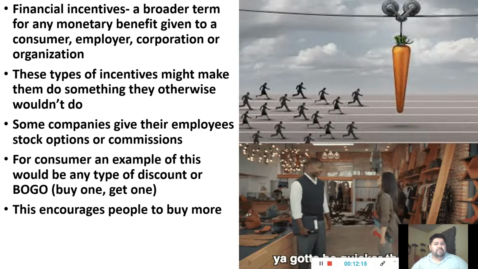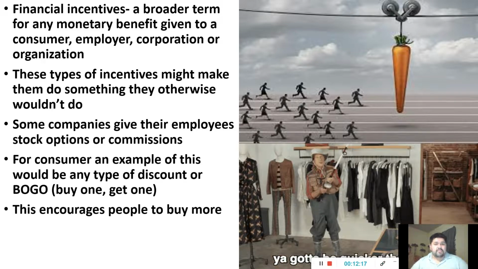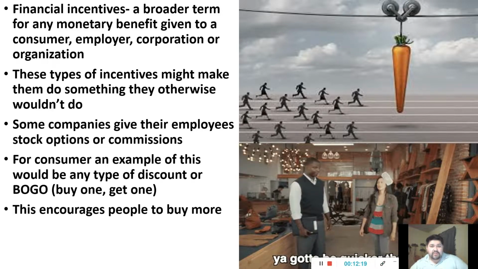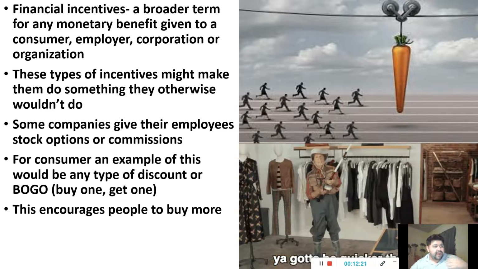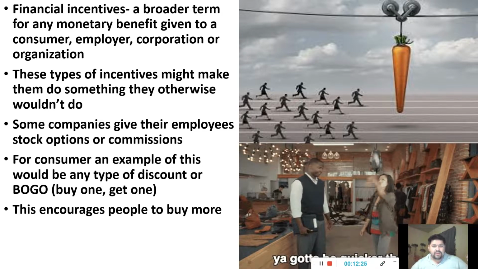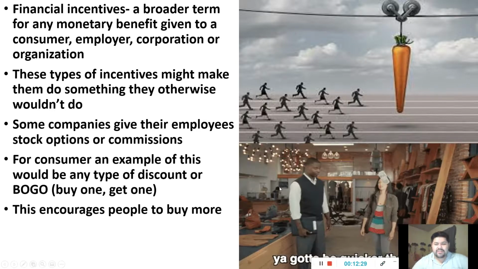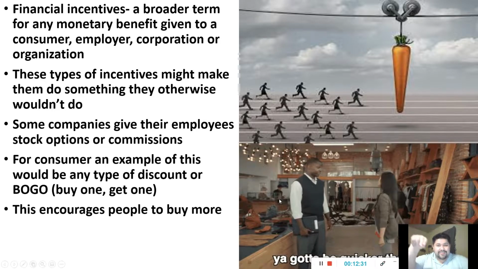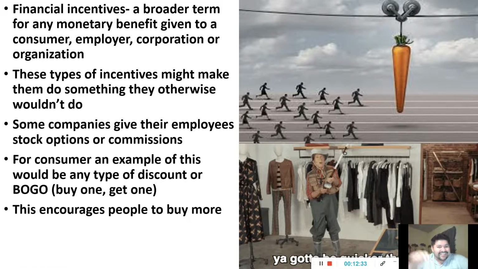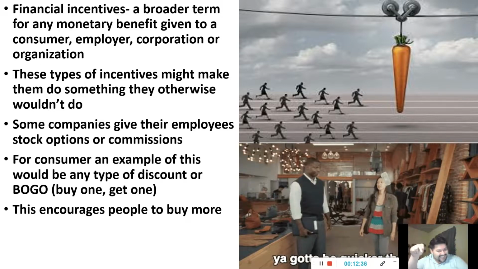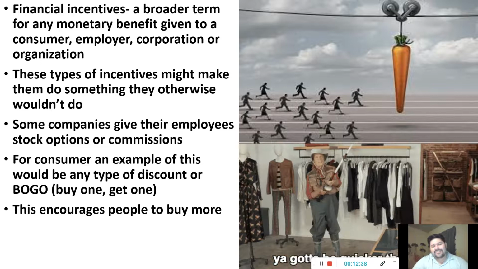This encourages people to buy more, right? It's like, oh my God, it's 50% off. Basically, if I buy one, I can get the other one for the same price as if I just bought one a week ago. Oh man, I probably want that. That's what they want. That's the carrot. That's the you almost got it. Look at it, you want this? Yeah, that's the carrot that they use.